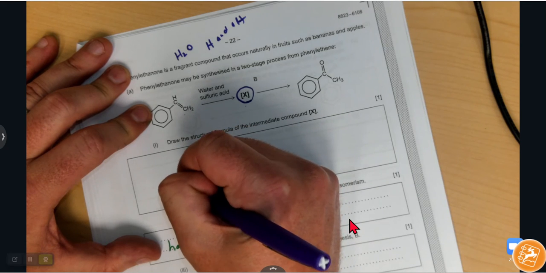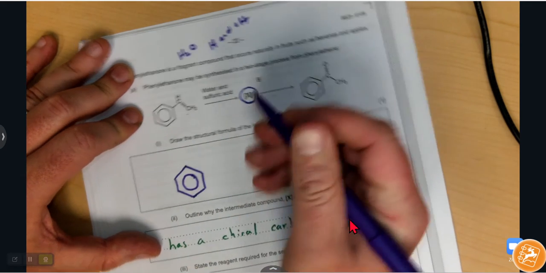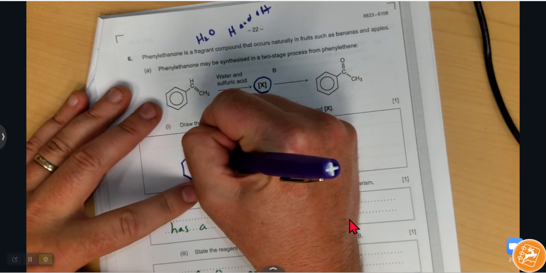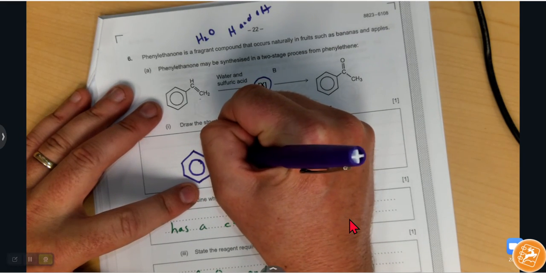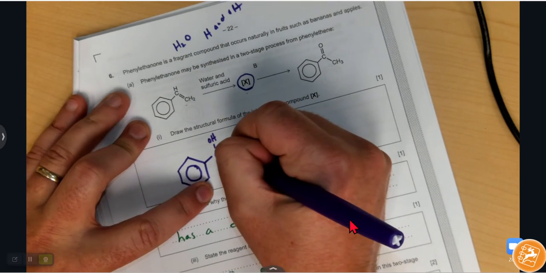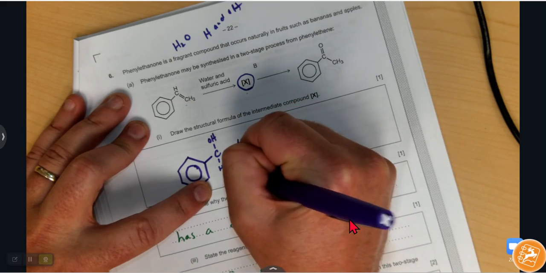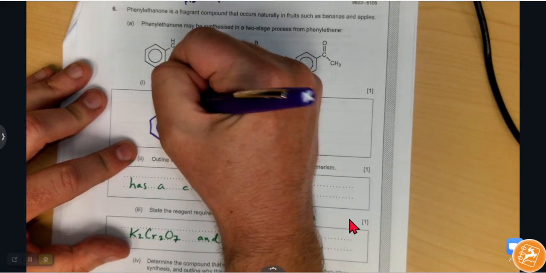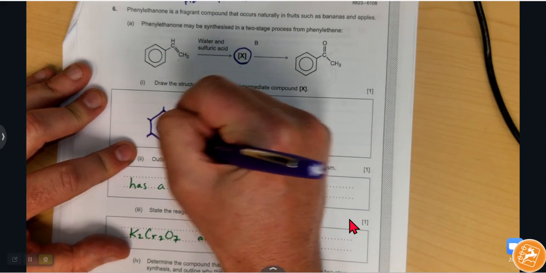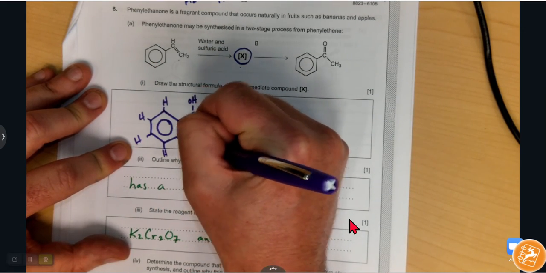So when we draw our substance, this all stays the same. That's a nice hexagon. Here, we're going to keep this hydrogen and make the OH there, giving us just a methyl group over here. I don't know why I drew all the H's out like that, but if I drew some, I better draw all.